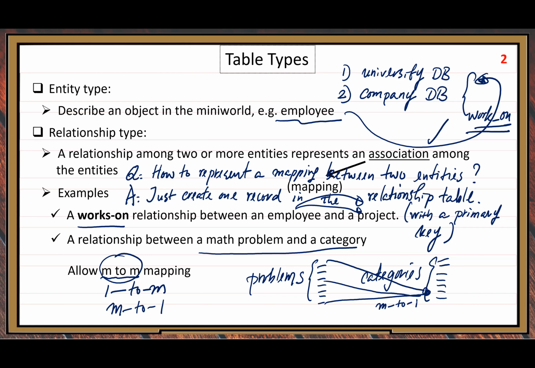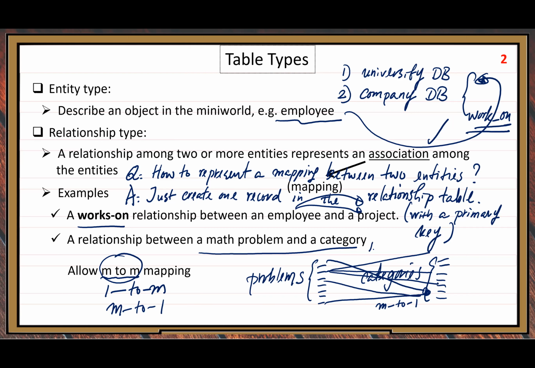Then one problem could be assigned to multiple categories. One math problem could belong to the algebra category, geometry category, trigonometry category, and so on.